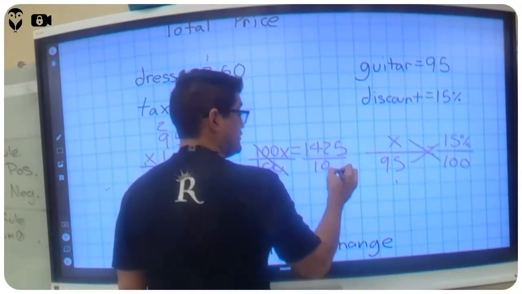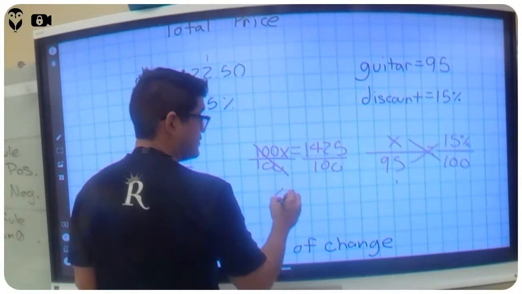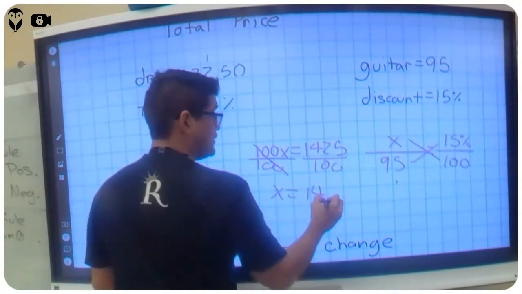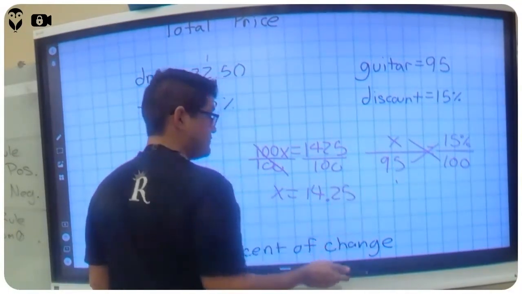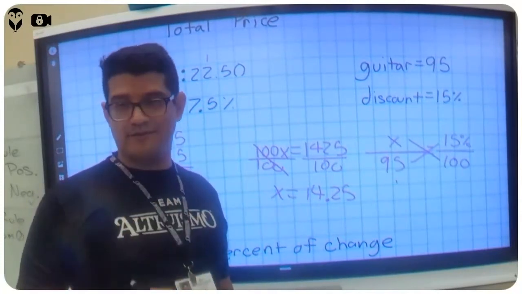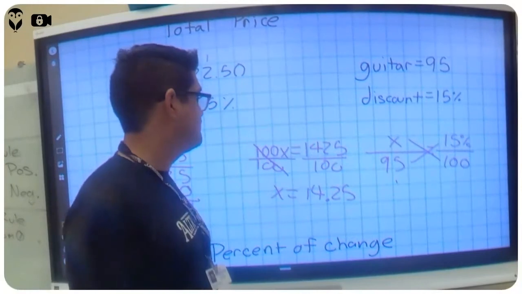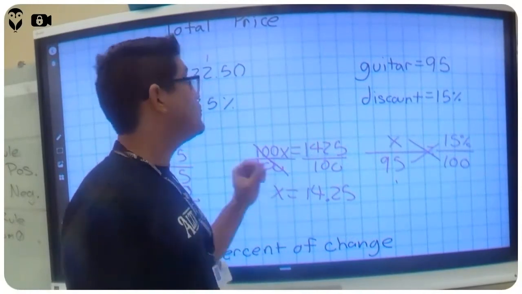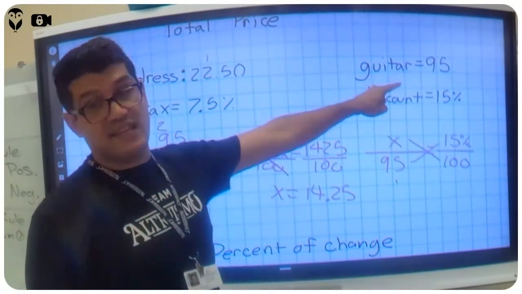Divide by 100. That just moves the decimal point twice. So x equals 14.25. If you're wondering what I mean by moving the decimal point twice, it means I'm moving the decimal point twice. So $14.25 was the discount.